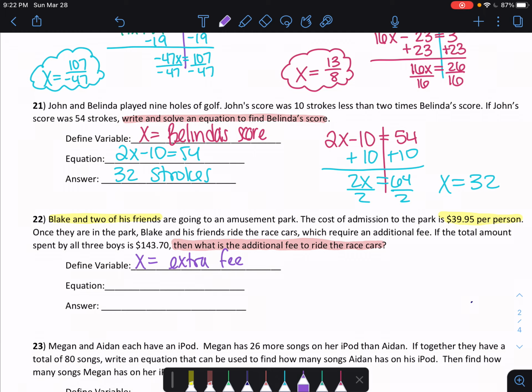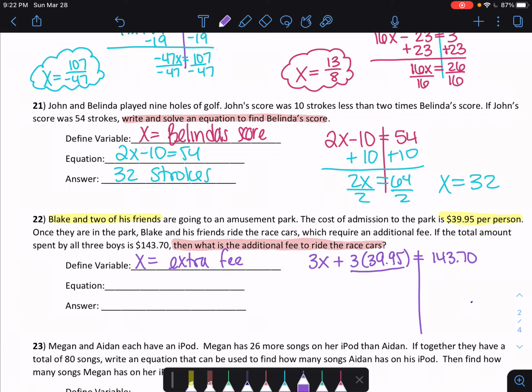Now to find this extra fee, I have 3 boys that are paying it. So I'm going to say 3x plus, and then they each pay $39.95 to get in. So I'm going to do 3 times $39.95. And then I'm going to equal that to the total that they spent, so $143.70. So I'm actually going to multiply here first.